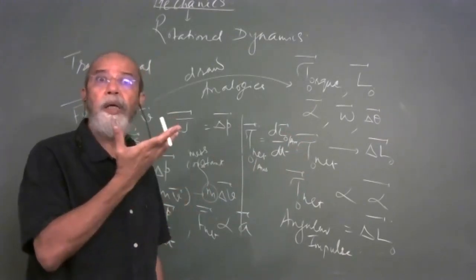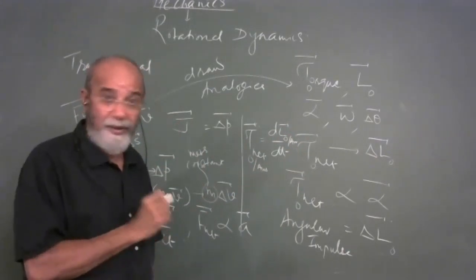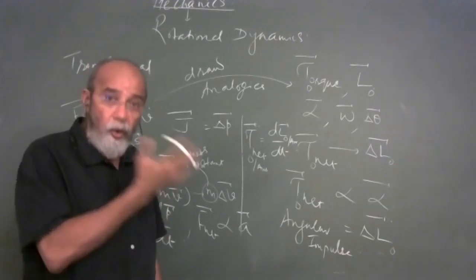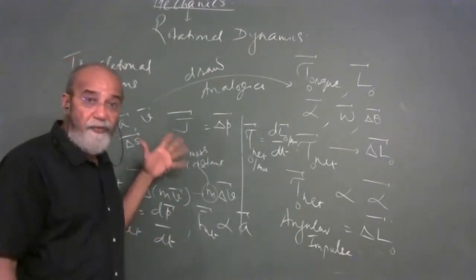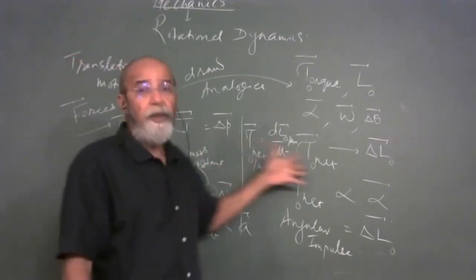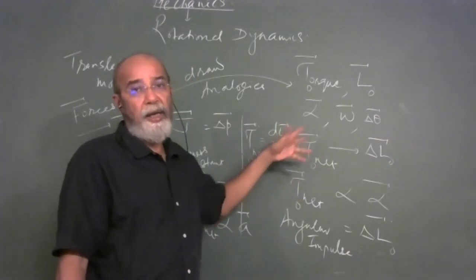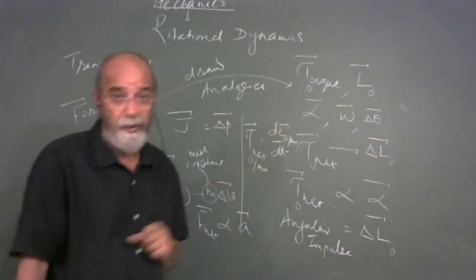Net work done because of the net torque. The only difference is linear kinetic energy, half mv squared, and angular kinetic energy. We say rotational kinetic energy.